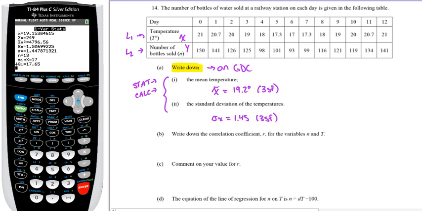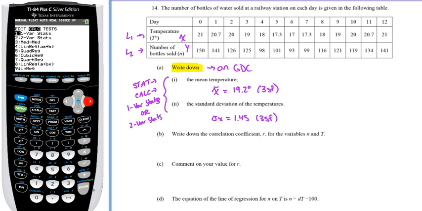So that's one option. You can do one variable stats to find that information, or you can do the two variable stats and you'll get the exact same results. So I'll just show you quickly. This time, if we went to Stat Calc and we went to two variable stats, because it's analyzing both the temperature and the number of bottles sold, we have to tell it what's in X and what's in Y. And again, there's no frequency.